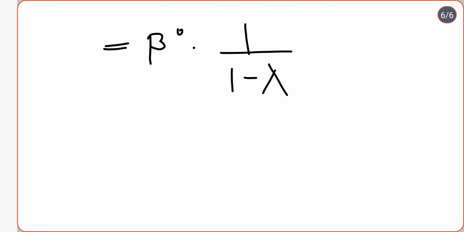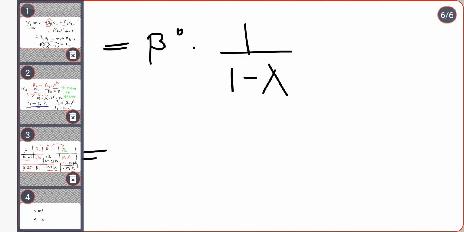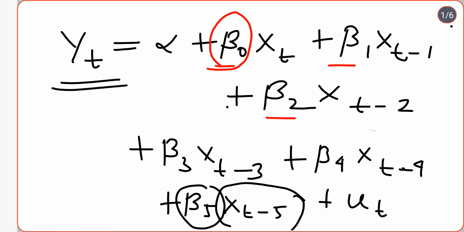Now if I want to express yt in this form, yt was nothing but, as I have already expressed, alpha plus beta 0 xt plus beta 1 xt minus 1 plus beta 2 xt minus 2, beta 3 xt minus 3 plus beta 4 xt minus 4 plus beta 5 xt minus 5 plus ut.